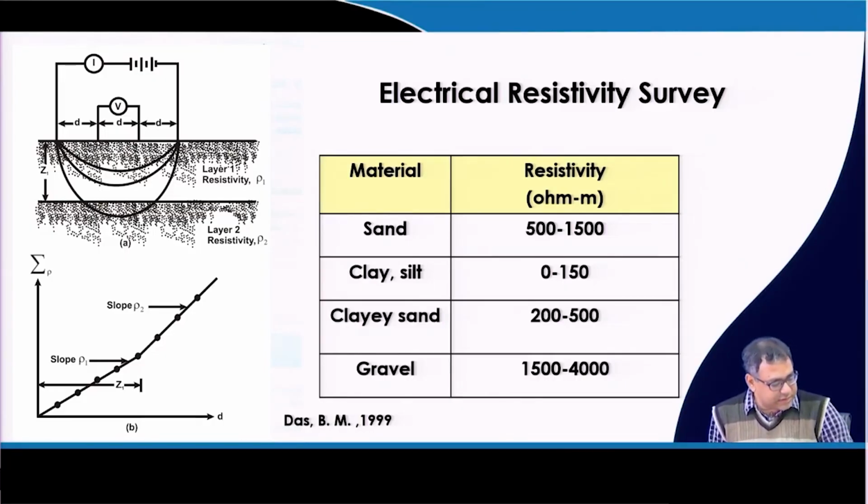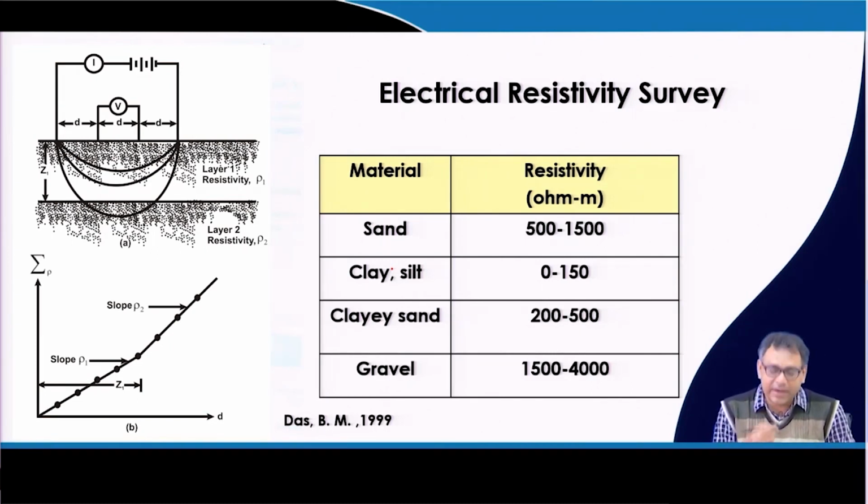When you get the resistivity of the soil, from this chart I can get the different range of resistivity for different soils, so for sand, clay, sand, gravel. So, these are the different ranges. From this chart I can identify which type of soil it is based on the resistivity value that I will obtain.